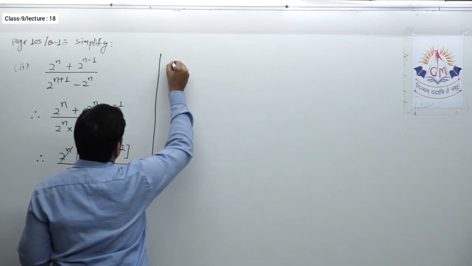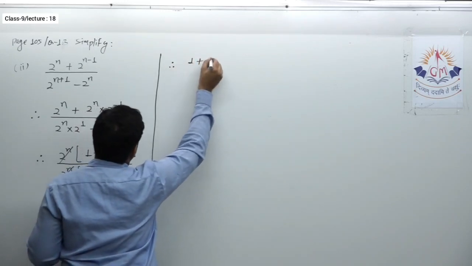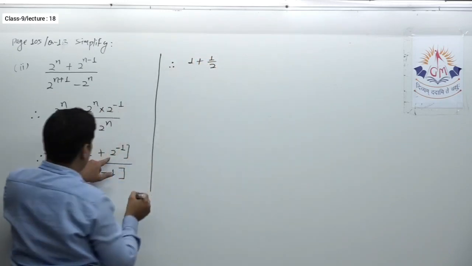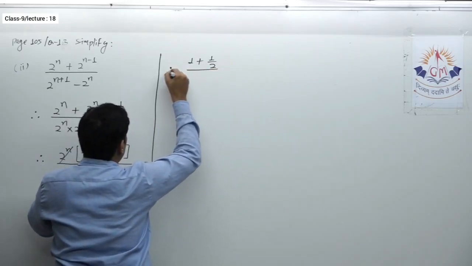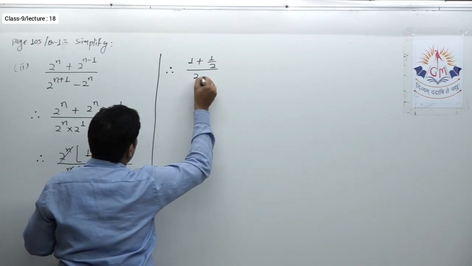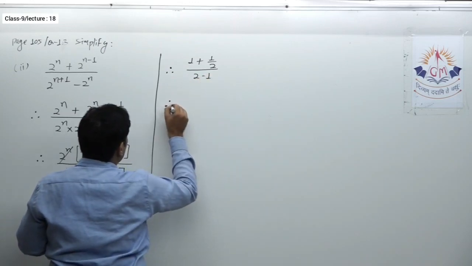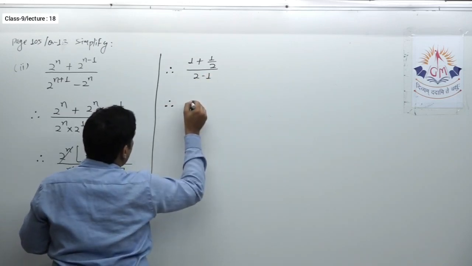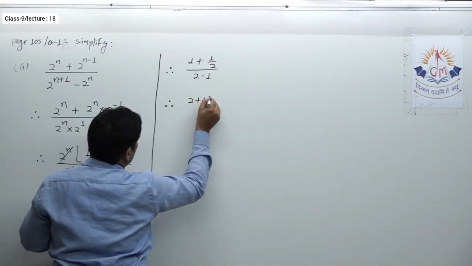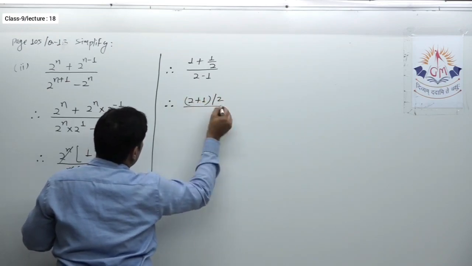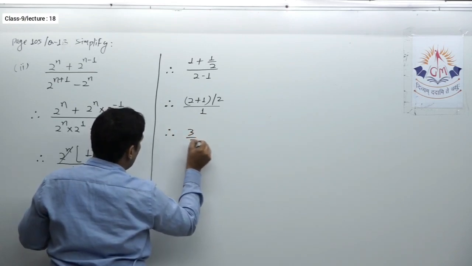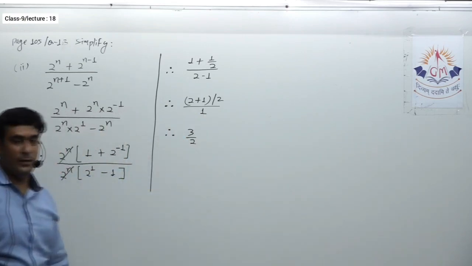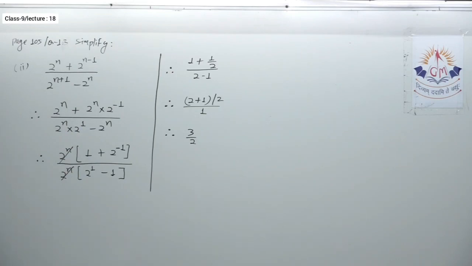So here I write 1 plus 1 by 2, since 2 raised to minus 1 is 1 by 2, divided by 2 minus 1. So in the numerator 2 plus 1 divided by 2, upon 1. So this will become 3 by 2. That's it, this is the final answer. So please note it down. Then we'll see the next question.